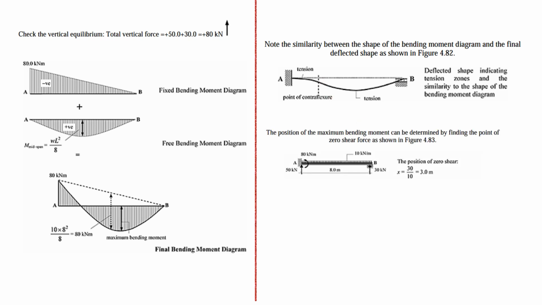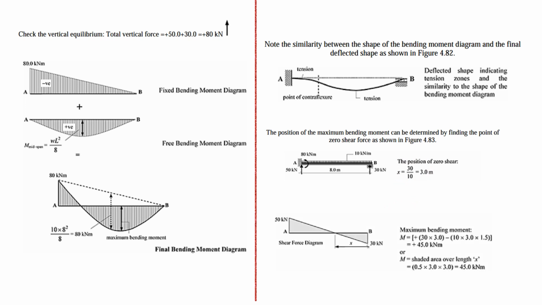So we can find the position of maximum bending moment by finding the point of 0 shear force. So here reaction is 30 and the downward load is 10 kN per meter. So 30 minus 10 into x equals 0, and x will become 3 meter.